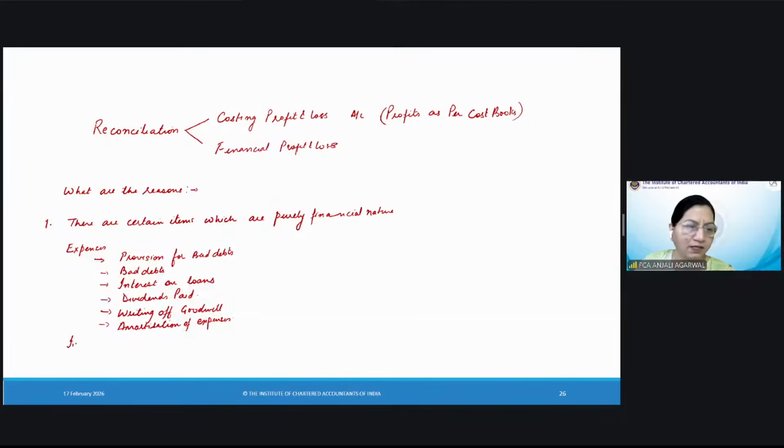They can also be incomes like dividend income, interest income from investments, any other rental income, or any other income which is away from your normal business.